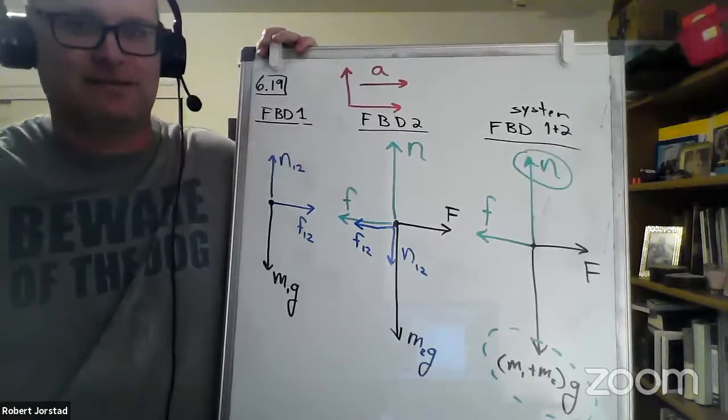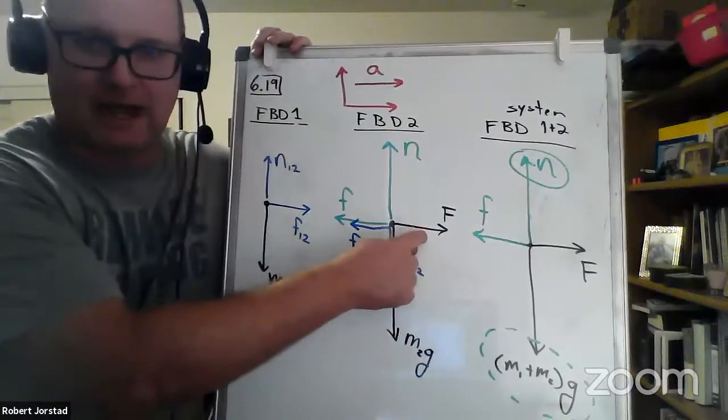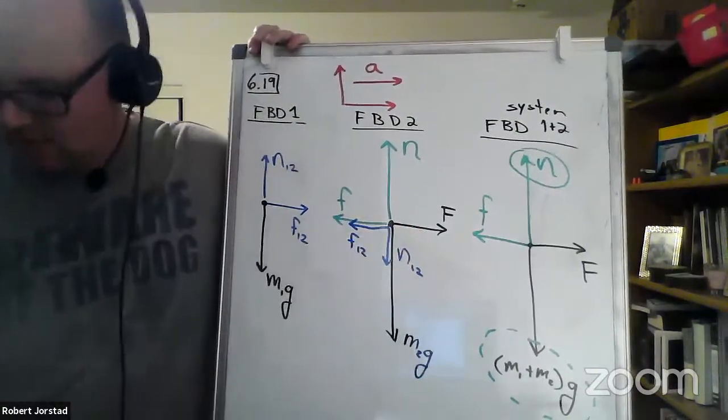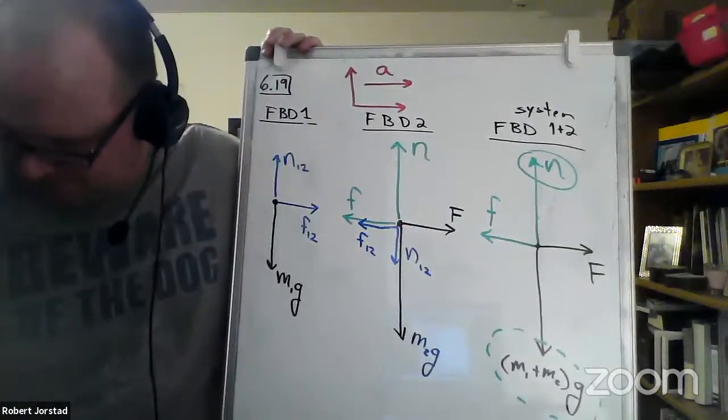What changes? What was the question again? We're trying to figure out the maximum possible force you could apply for the blocks to still move as a single unit. So I mean, it has to be less than mu static. It can't be greater than mu static because then they wouldn't move in the same place.